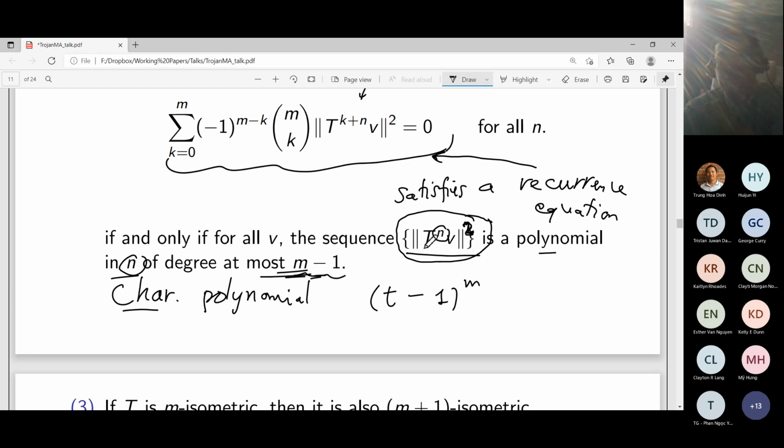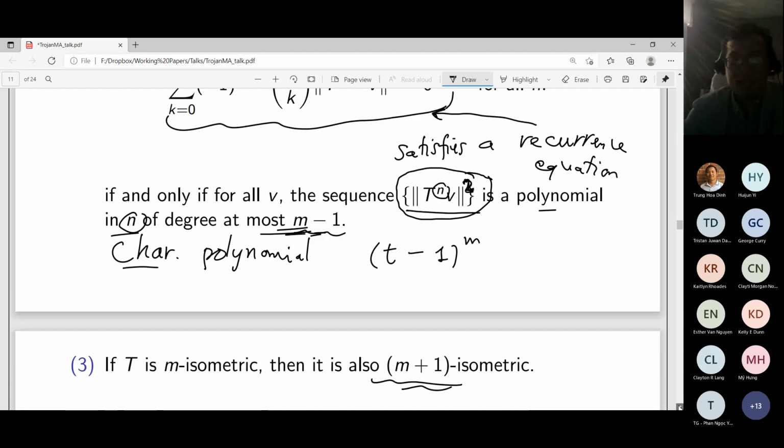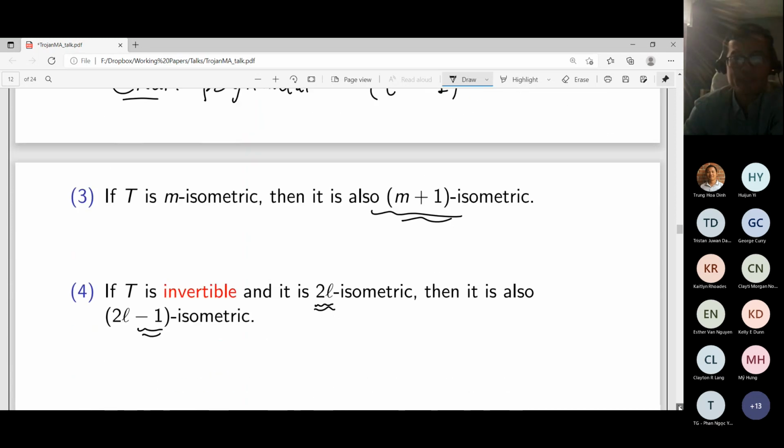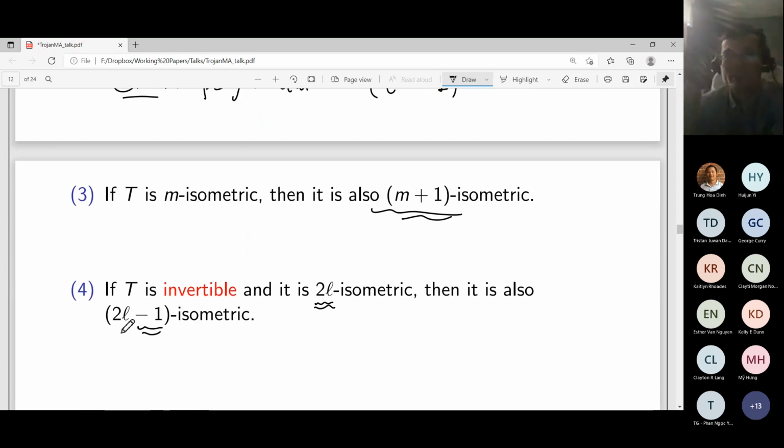So in order for it to be non-negative for all negative integers, the degree of the polynomial must be an even degree, and from there we have that m should be odd, right? Because the degree of the polynomial is m minus 1. That's roughly the idea.